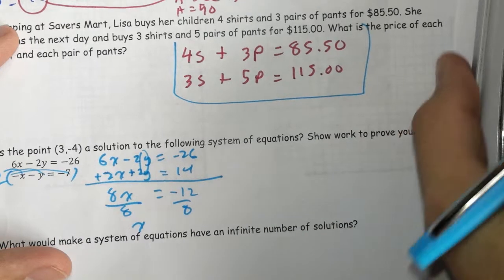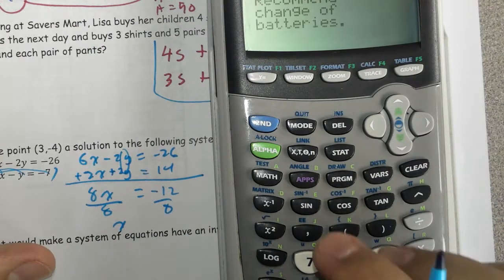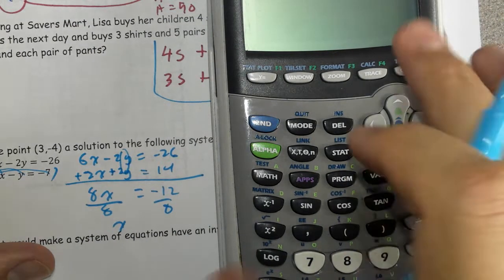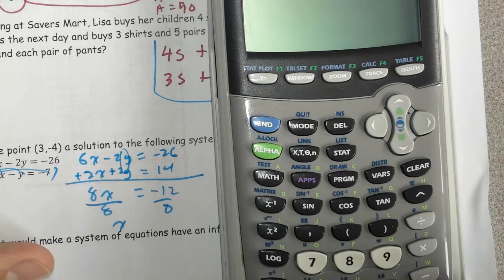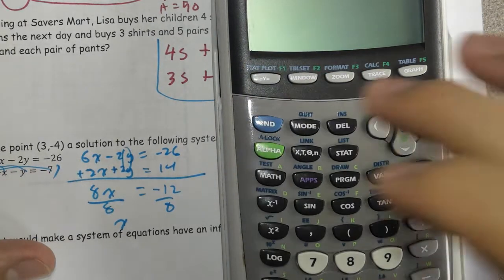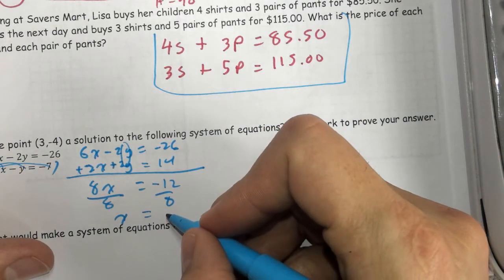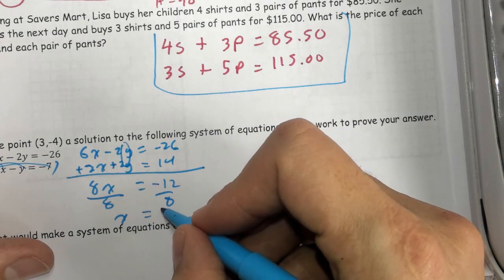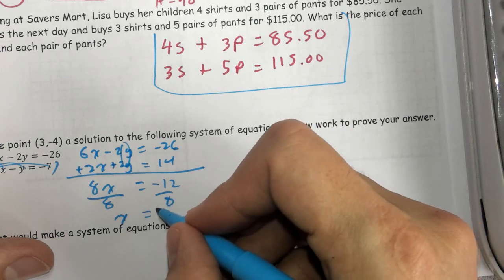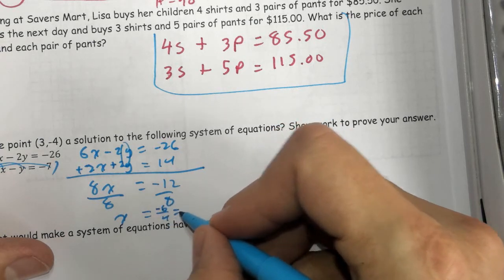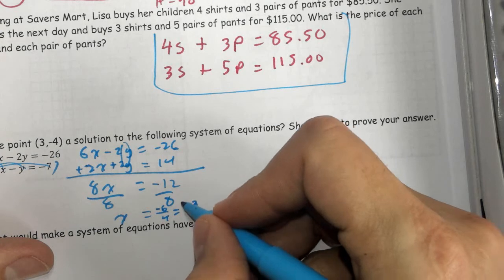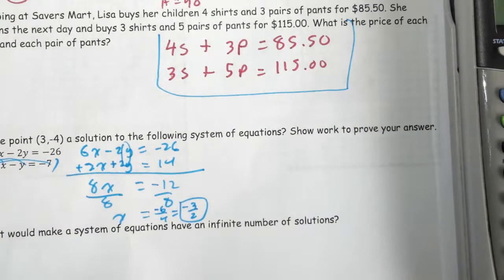X equals. You are welcome to use alpha y equals on the calculator. We're going to get what is that? Negative 6 over 4, negative 3 over 2. Negative 3 over 2. X is equal to negative 3 over 2.